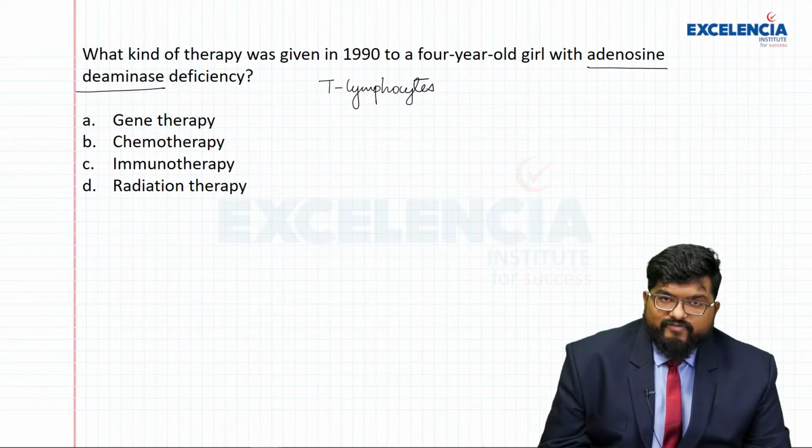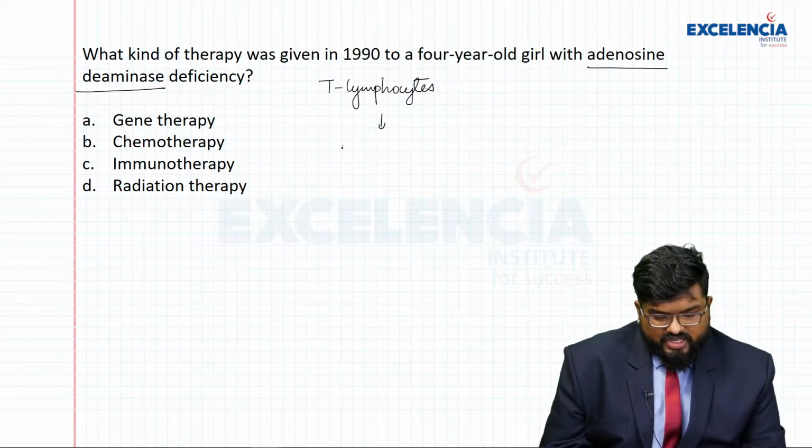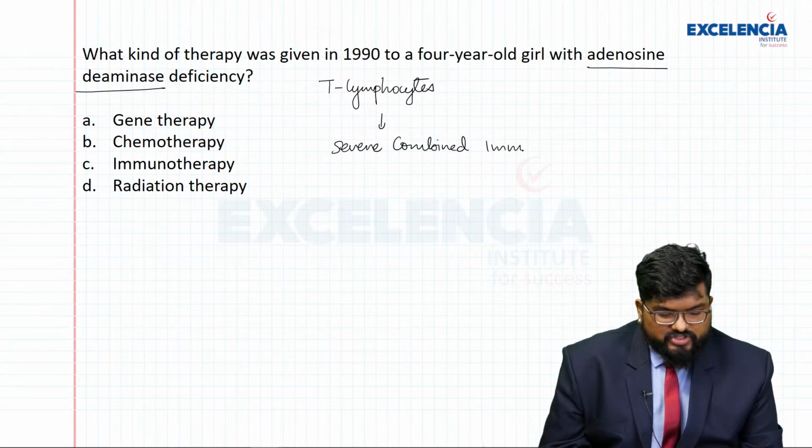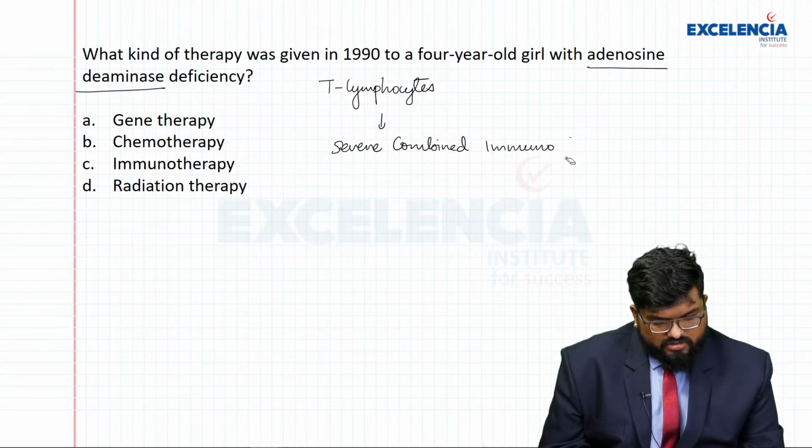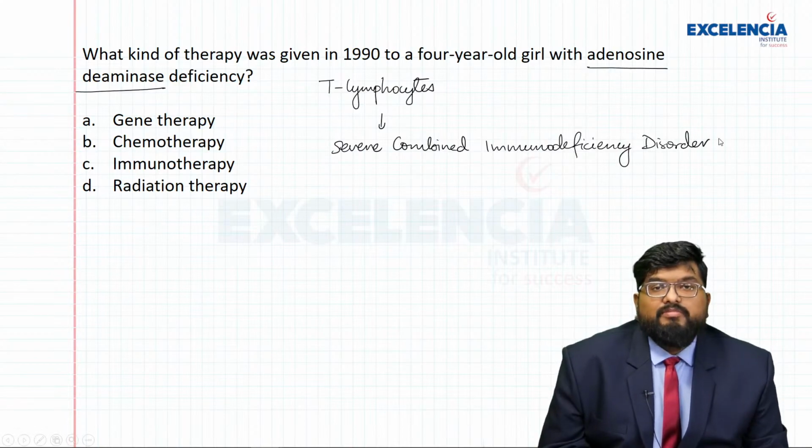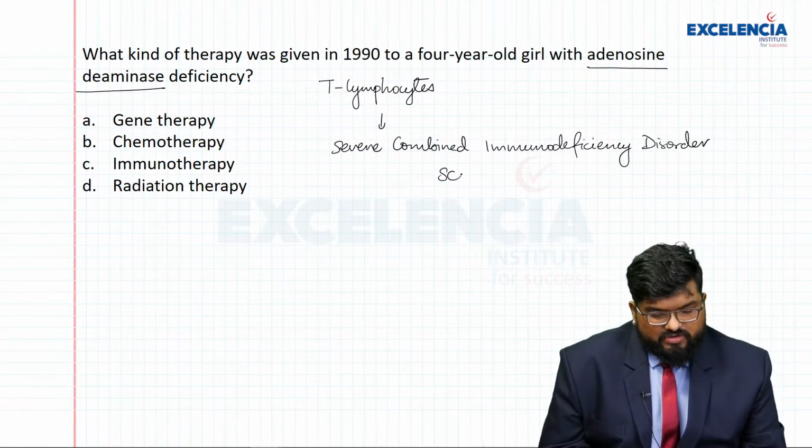Now, the failure of adenosine deaminase causes something called severe combined immunodeficiency disorder, or SCID.